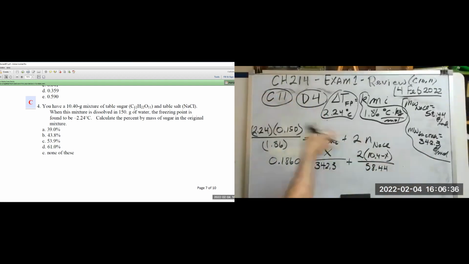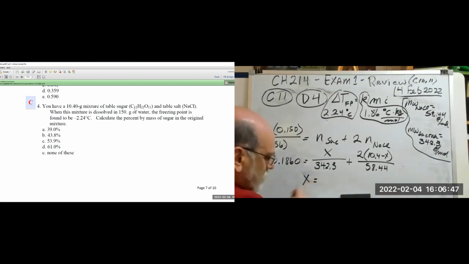Okay, now I've got to reduce all that and solve for the unknown. The unknown is, there's only one, it's X, so we can solve for X. And it turns out that X, we do all that legwork, is 5.6 grams of sucrose.